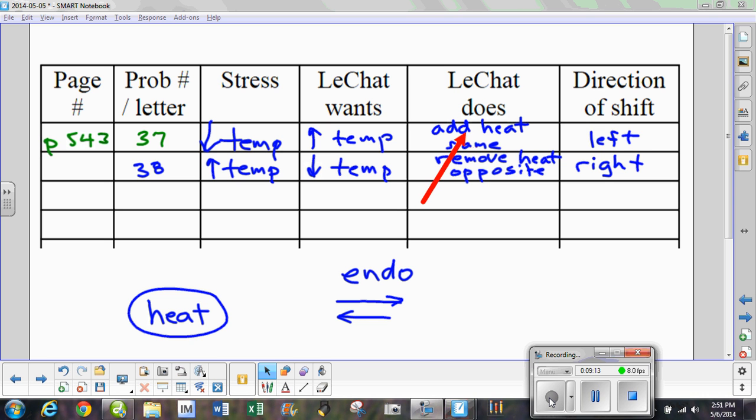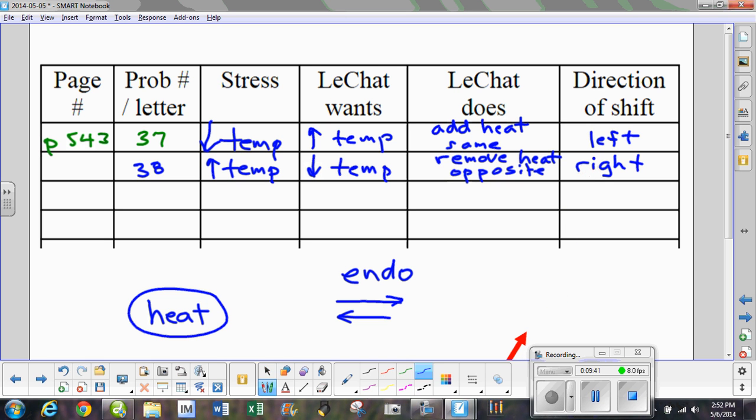When we added heat with an endothermic reaction, the heat is on the left, and the same side is the left. And that's why the shift was the left. Here, we're going to the opposite side. Since the heat is on the left, the opposite side is the right, and that's why this is a right-hand shift. How's that work? That making sense? All right, let's go on.